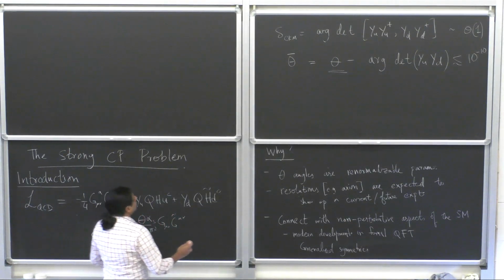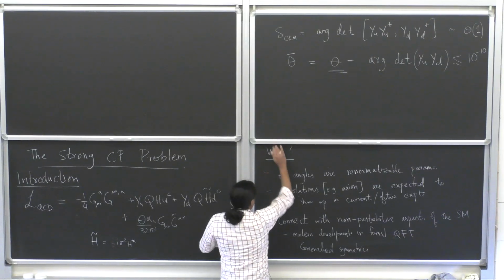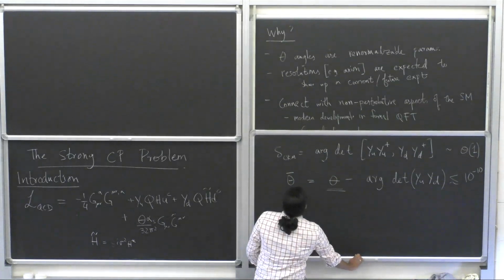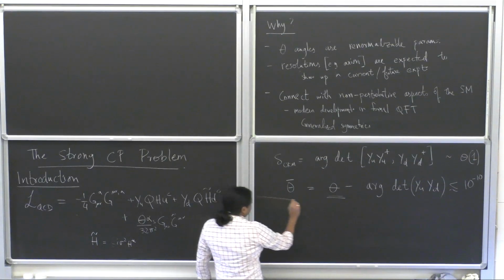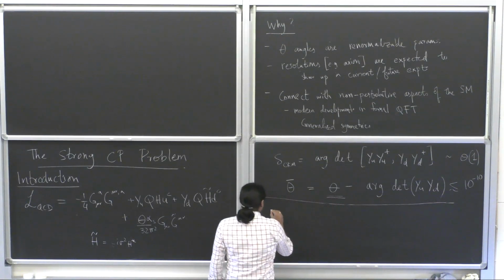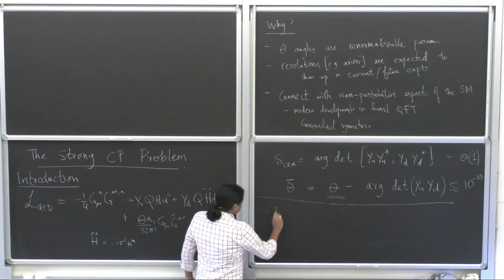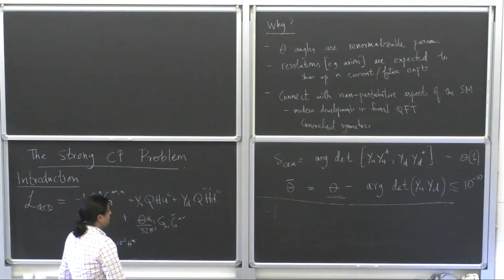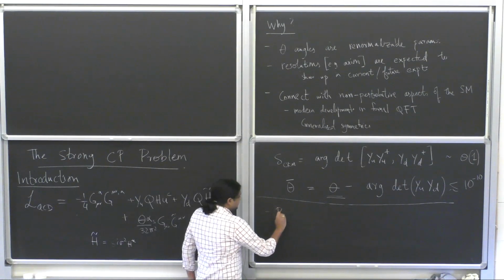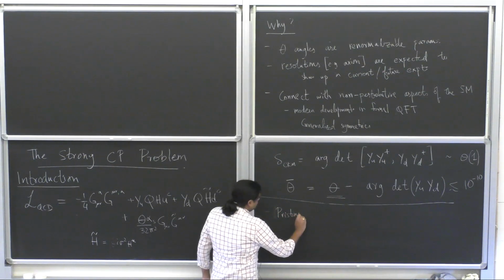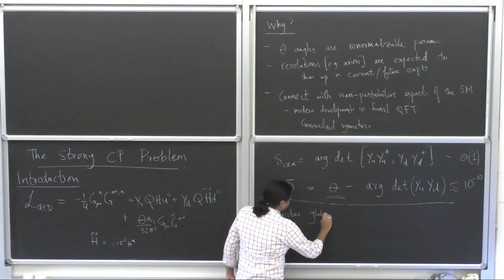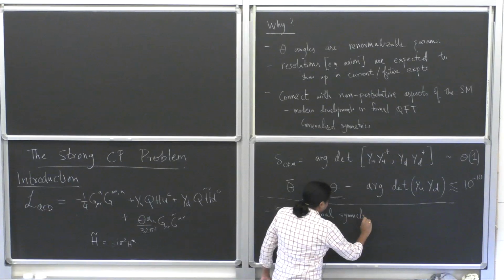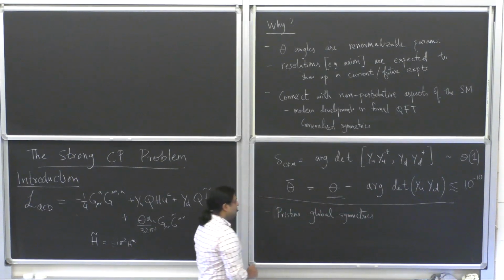And finally, right here, it connects with, so the resolutions, we'll see that for the strong CP problem often involve pristine global symmetries. Some of the most pristine global symmetries that we've encountered so far.